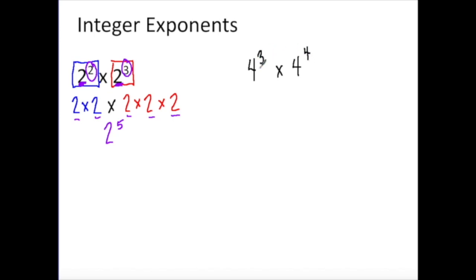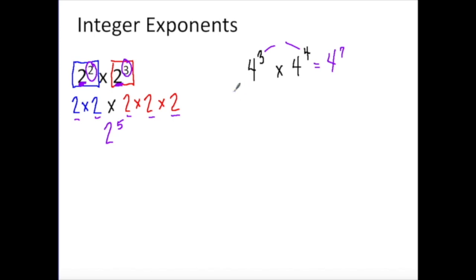So let's think. The exponents are 3 and 4. So 3 plus 4 is 7. So if my strategy works, I should be able to simply say that this is 4 to the 7th power because 3 plus 4 is 7. But let's go ahead and expand it and make sure that this works every time.